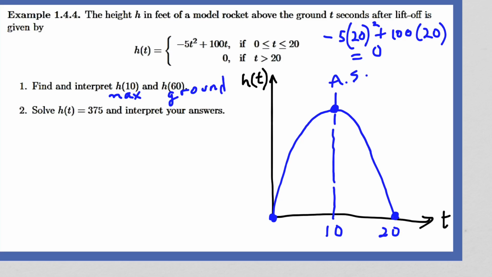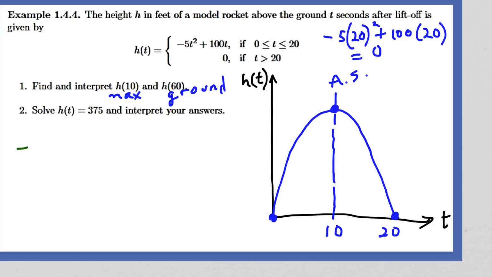All right, and then it says solve h of t equals 375. And so that means that there must be some time in here where the height is 375. Let's see if we can figure that out. All right, so that must mean I'm in between 0 and 20 somewhere, if this makes any sense.